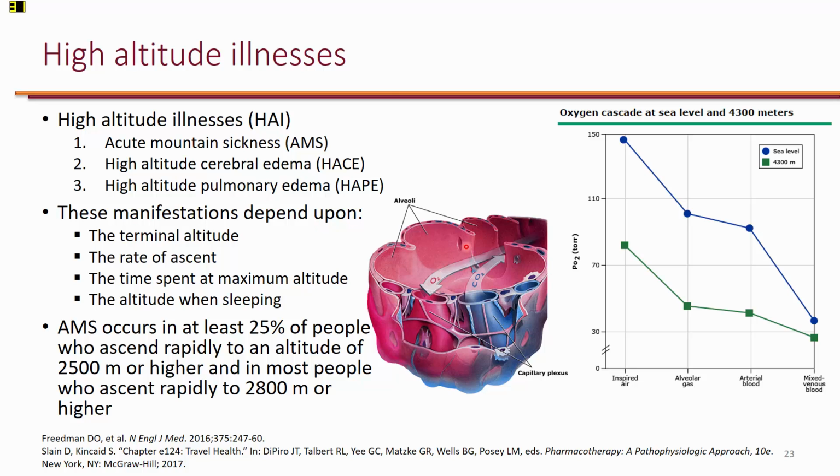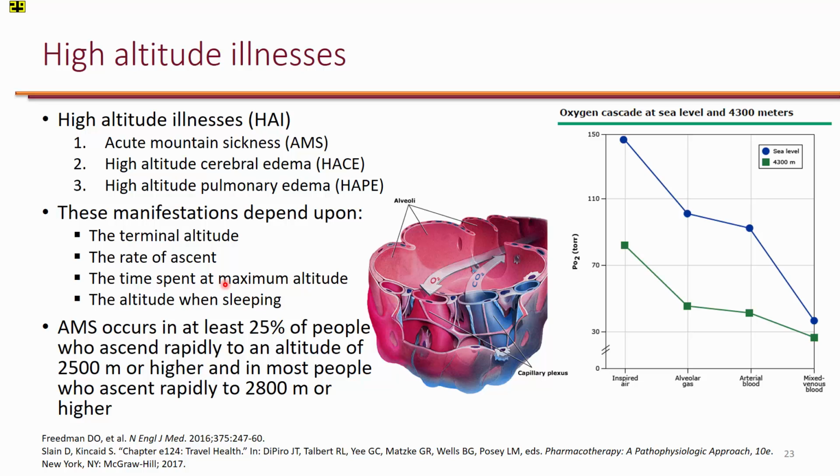First of all, this will depend on several factors. The terminal altitude: the higher the altitude, the more severe the high altitude illness is. Also the rate of ascent: if you ascend very quickly, the body cannot compensate for the drop in oxygen pressure, so that would cause more severe high altitude sickness.